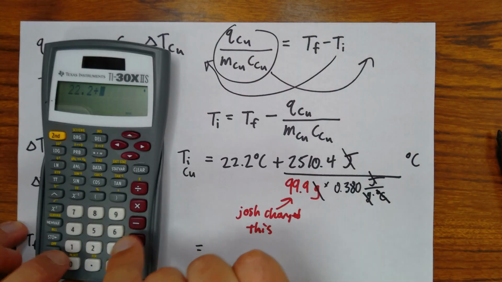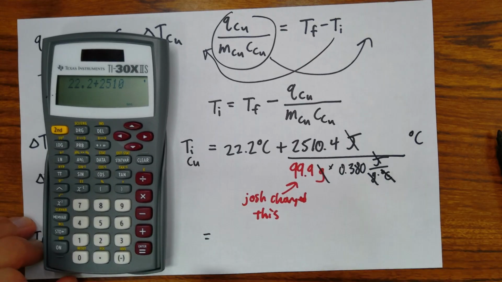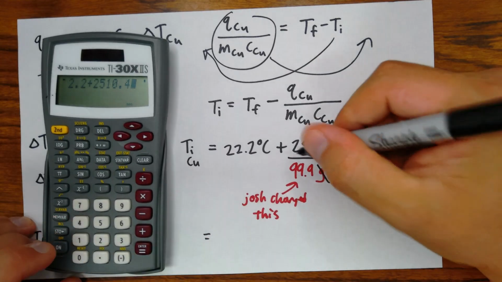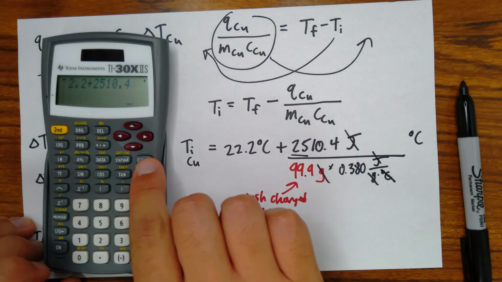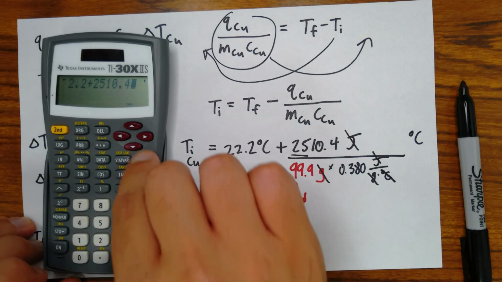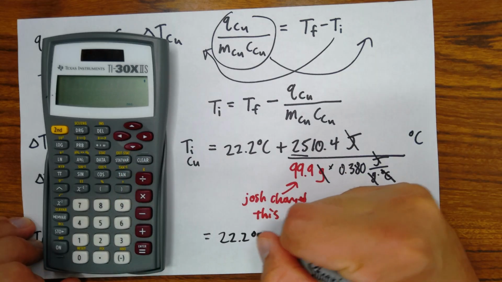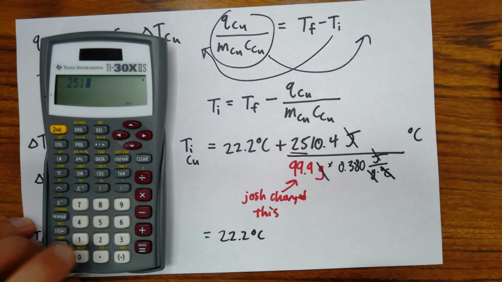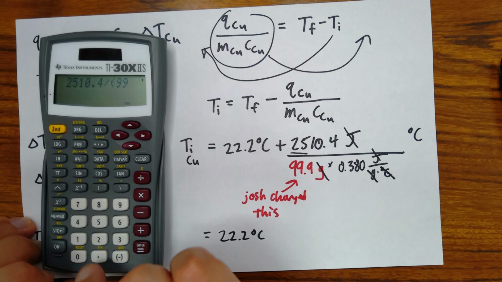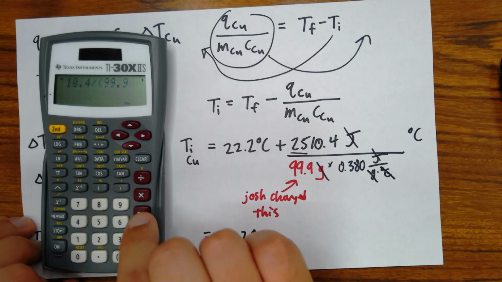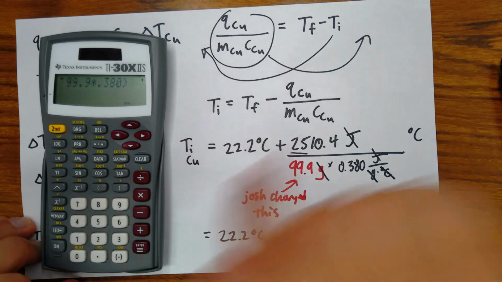22.2 plus 2510.4, 2 sig figs here. Let's make sure I'm still on the screen. Yep. Tell you what, I'm going to deal with this separately first, just for making sure my sig figs are good. So 2510.4 divided by open parentheses 99.9 times 0.380 close parentheses.